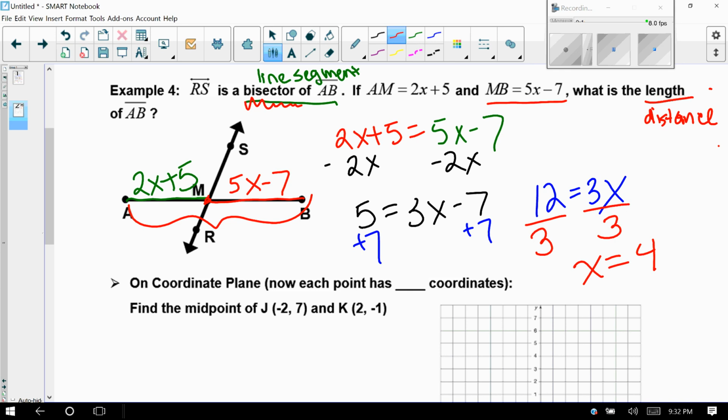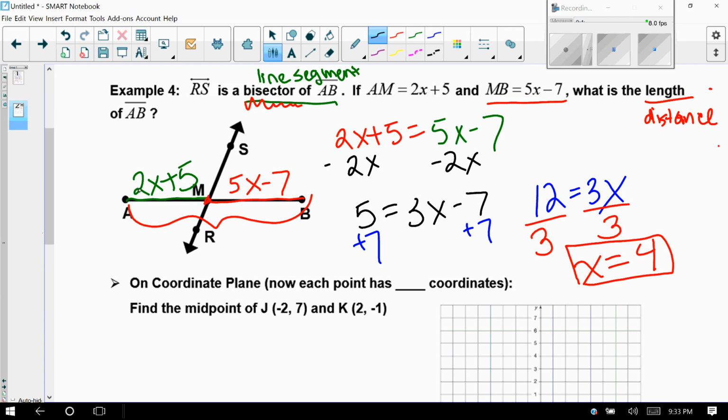Is that what they asked us? No. It wasn't that easy, right? It says, what is the length of AB? I don't know. But now I know what x is. x is 4. That'll help me out a lot, right? Now I can plug it in.